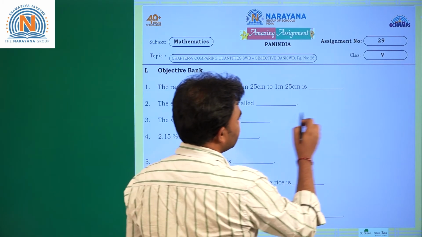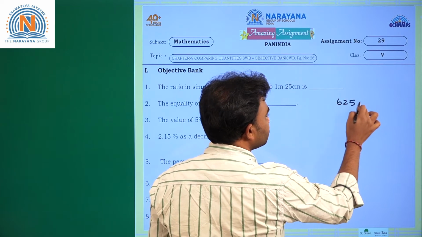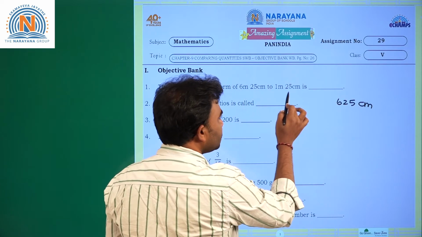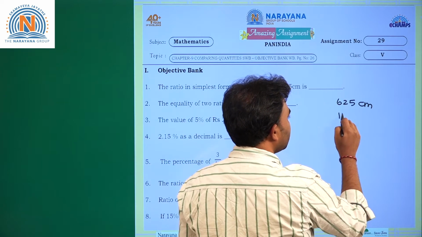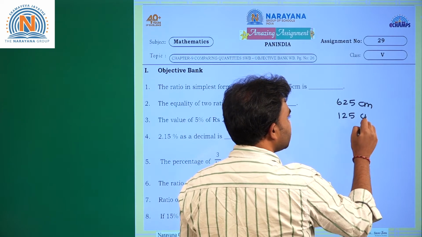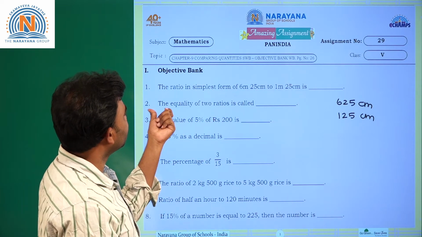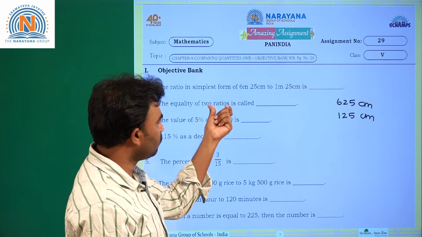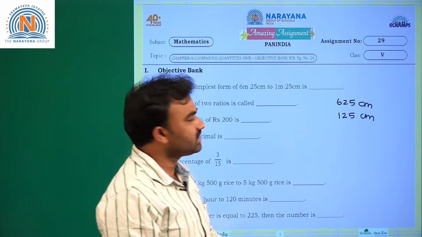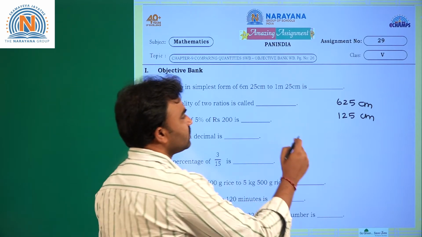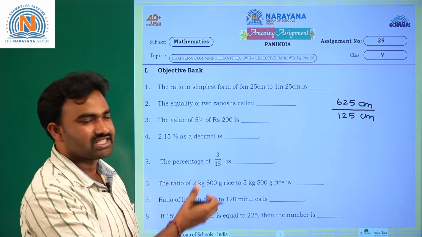Now 1 meter 25 centimeters can be written as 125 centimeters. As they are asking for the ratio in simplest form of 6 meters 25 centimeters to 1 meter 25 centimeters, that can be written in fraction form.